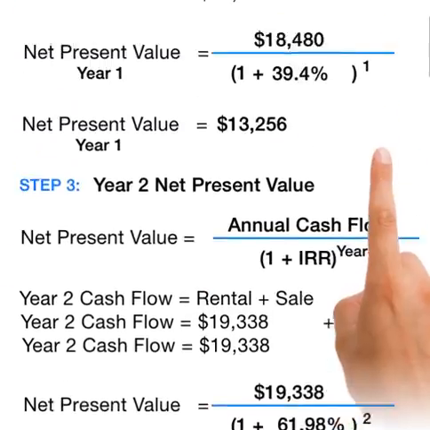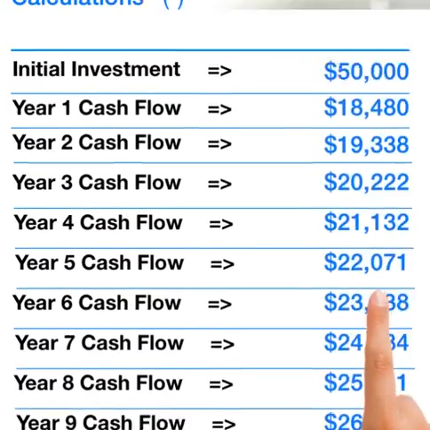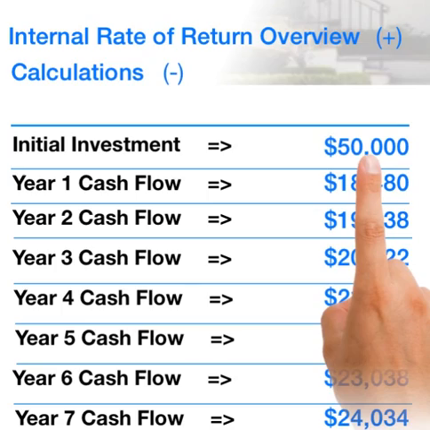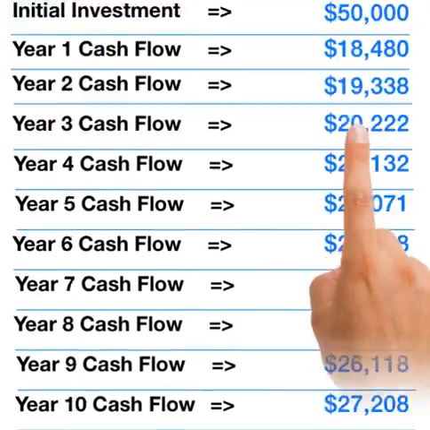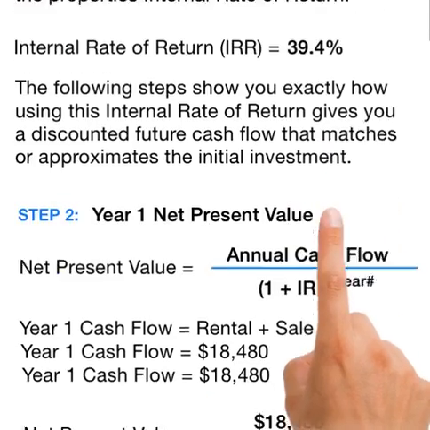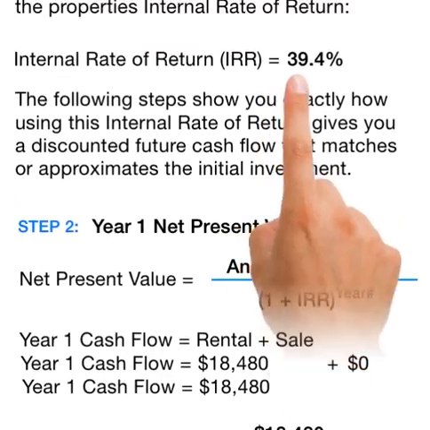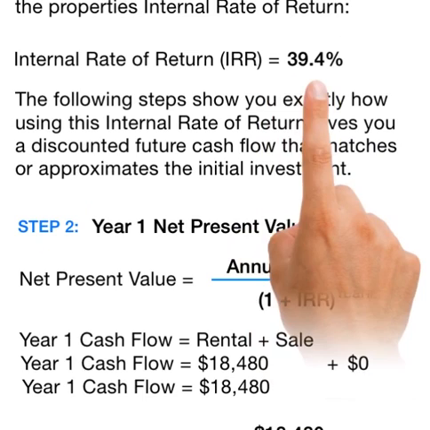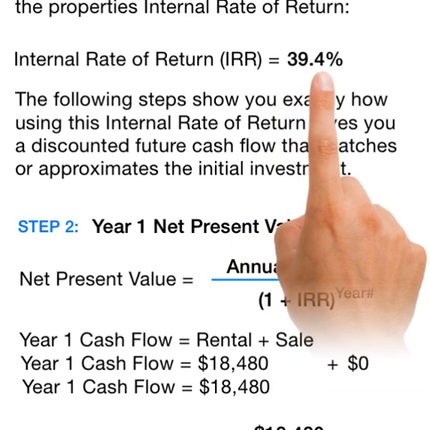And that is the validation. It's $50,000. That is the validation that tells us that by plugging in different internal rates of return into the formula, 39.4 is the one.